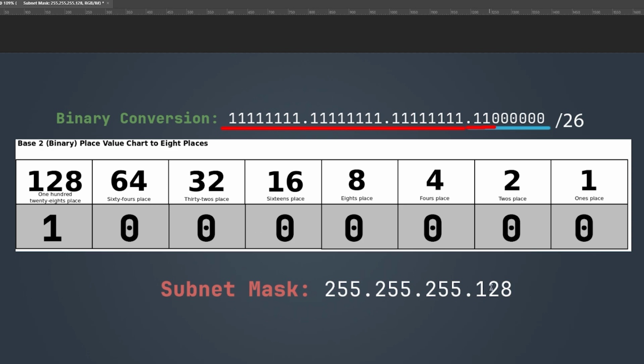So how do we get the subnet mask for /26? Well, we change this to a 1 because we're reflecting the last octet in the IPv4 address.